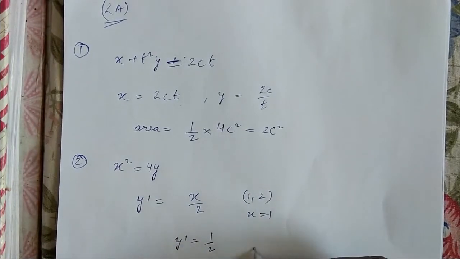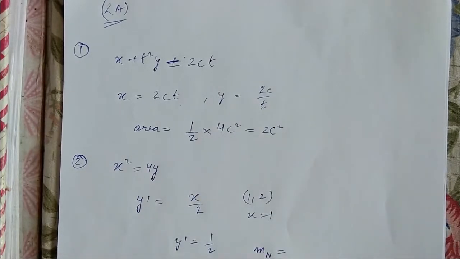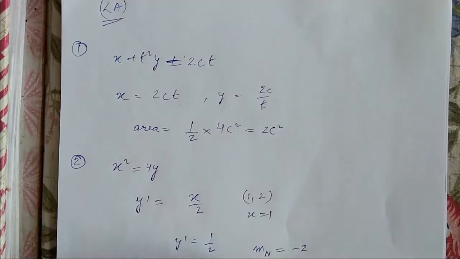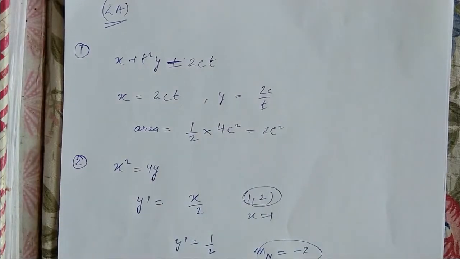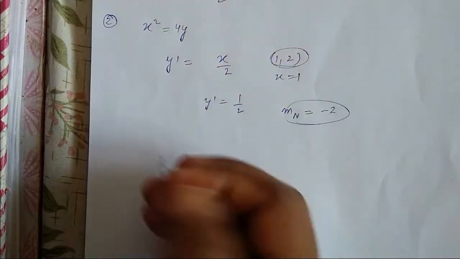So slope of normal, let's say mn, would be equal to -2. Now we know the slope of the normal and we also know the point, so we can write the equation of the normal.